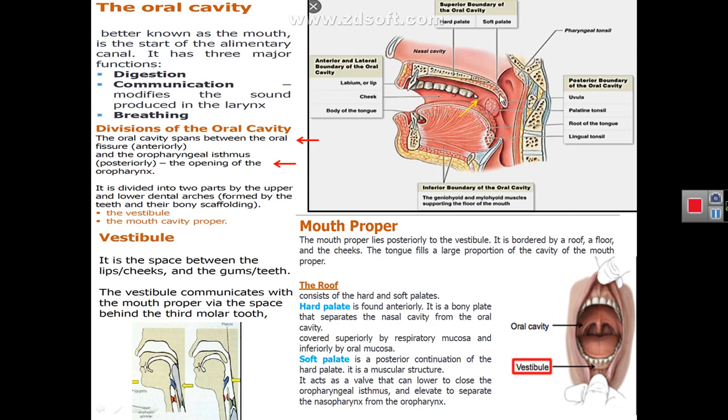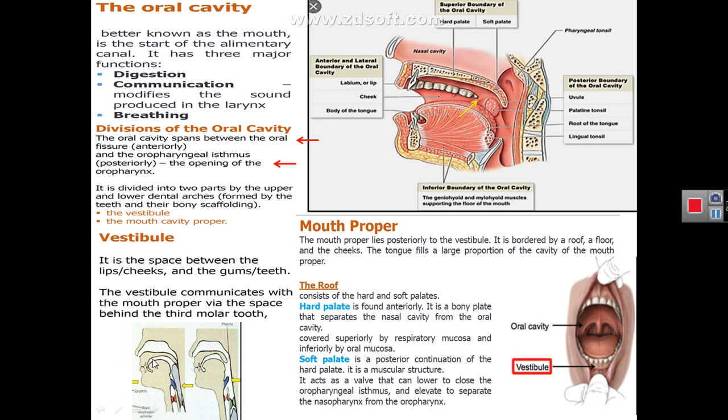The soft palate has an important function during swallowing because it may elevate up and press down. When the soft palate elevates, as this figure shows, it closes the upper limit of the oropharynx from the space behind the nose, which is called the nasopharynx.